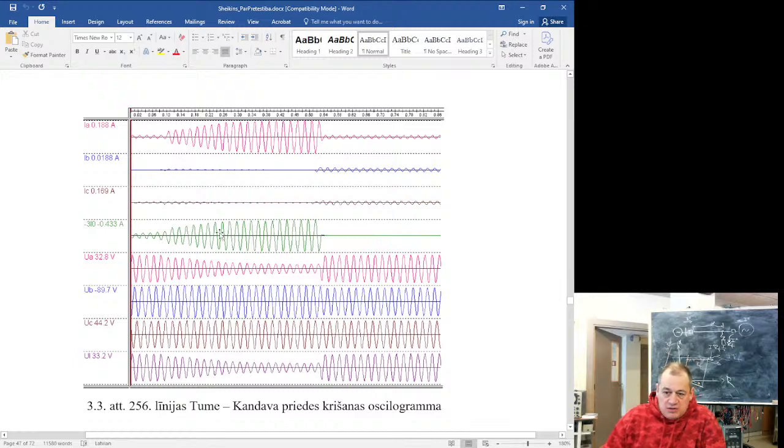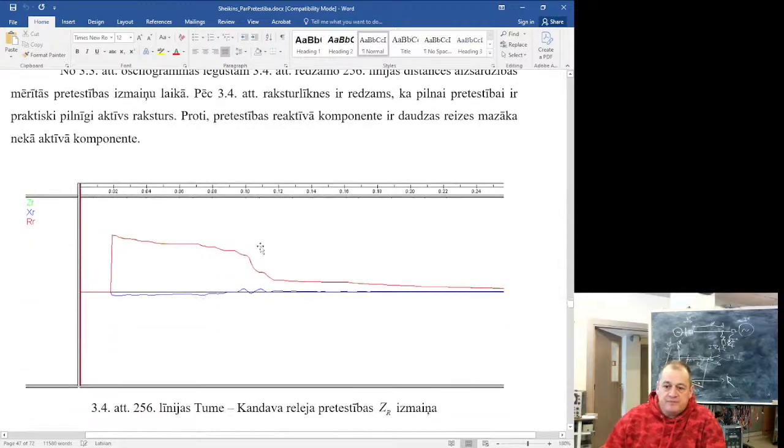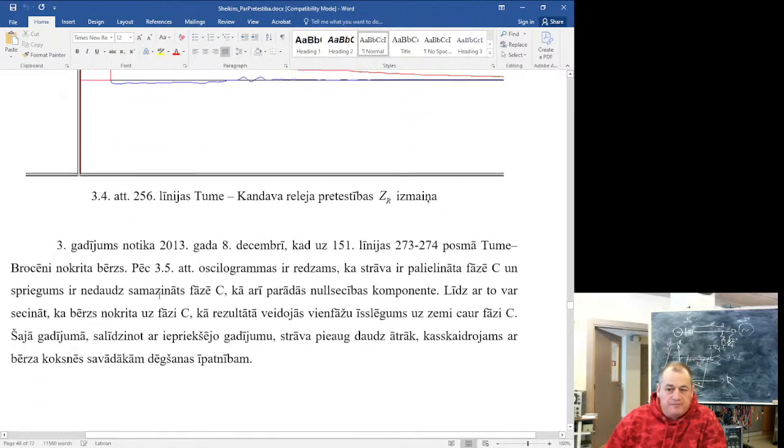See, it's zero sequence current and this is voltage. Here is a chart of observed resistance. You see the active part going down, the reactive in some area. Do you see what happened with reactive? It was negative while this tree burned.